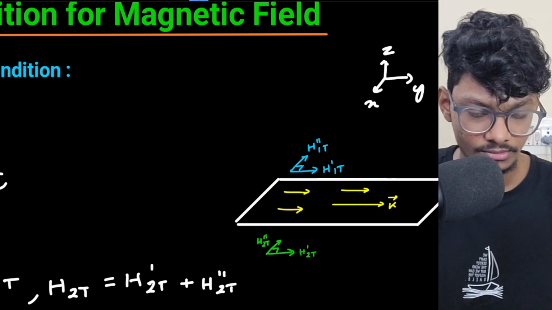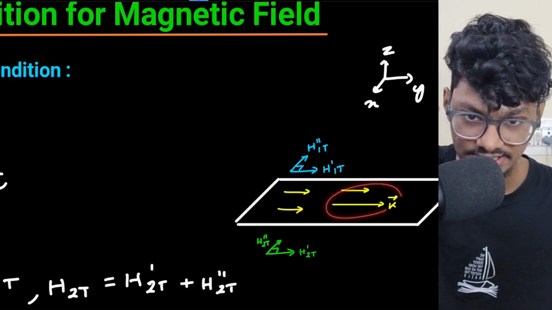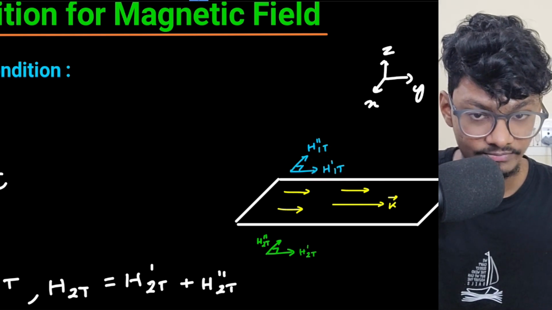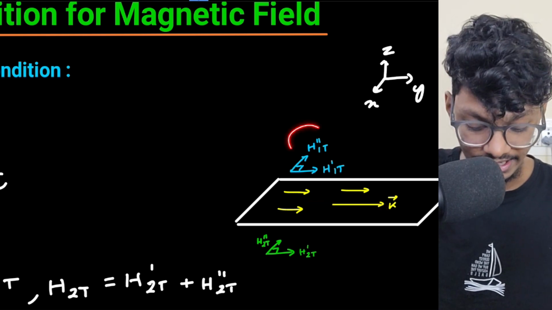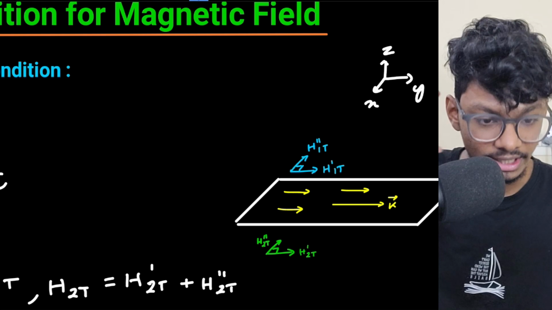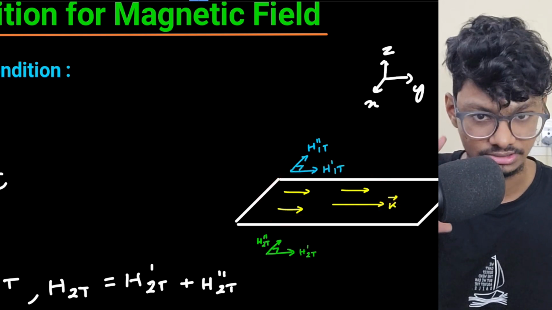So h1 dash t will be along the direction of K, and h1 double dash t will be in the perpendicular direction of K, so that I am able to represent all the vectors that are present here, okay?